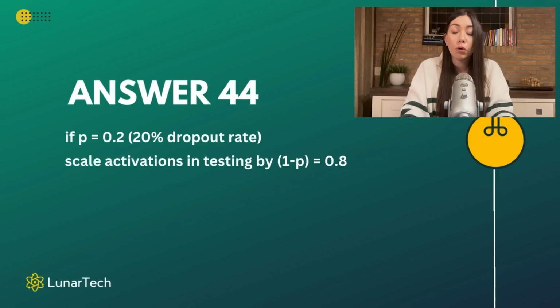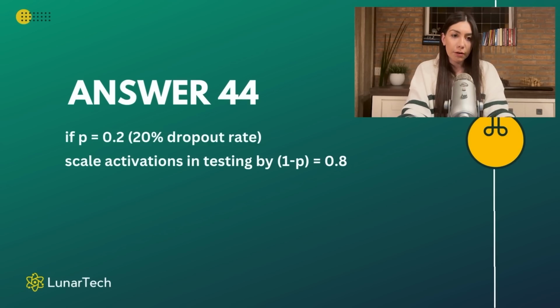And for that, what we need to do is scale the activations in the testing by 1 minus p. And in this way, we will compensate for the small probability difference that we were making when we were dropping out certain activations.